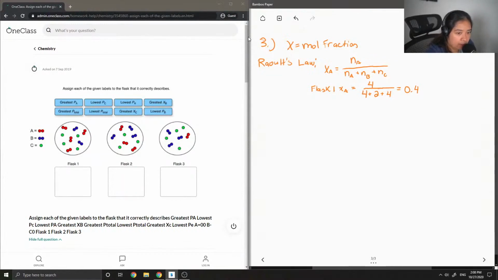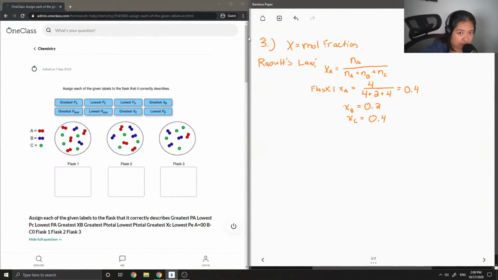So if I were to write for all of flask 1, for the B, it would be equal to 0.2. Just by doing the same thing. And then for C, it would also be 0.4.